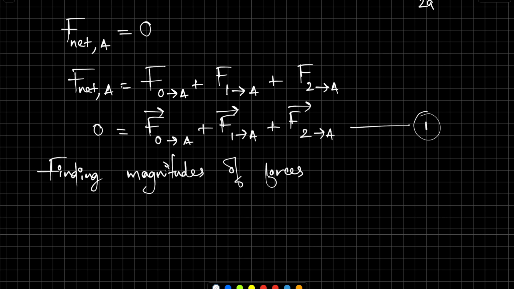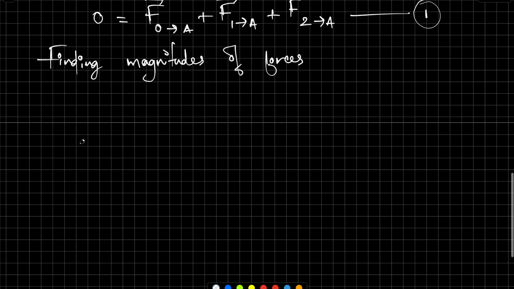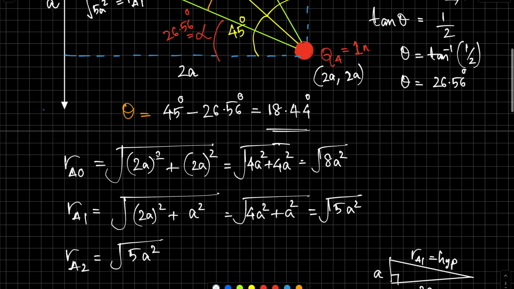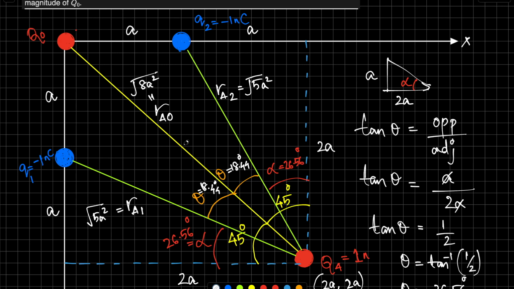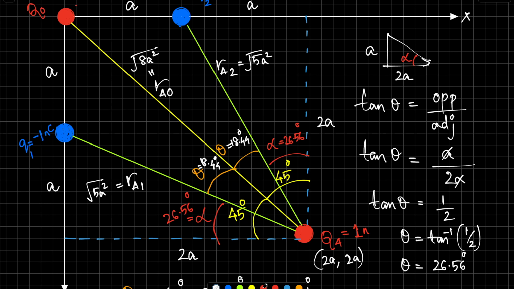The first one, F0 to A. This one is the interaction between Q0 and QA. Both of them are positive charges. Q0 is unknown. QA is 1 nanocoulomb.